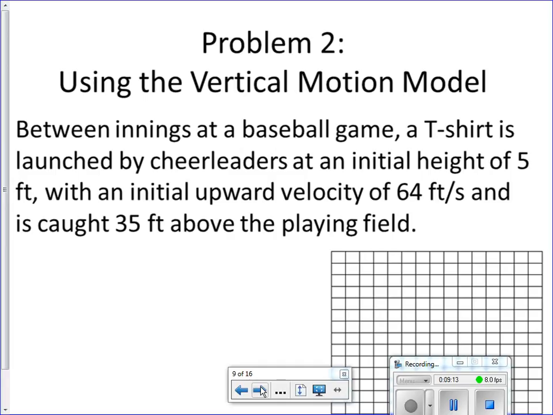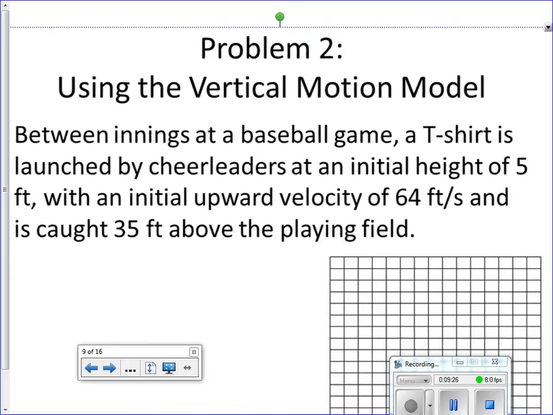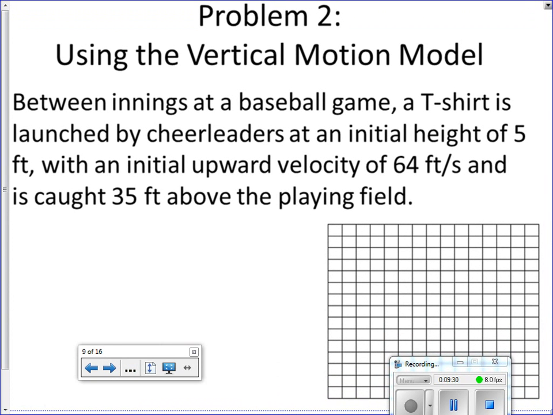All right, so in problem 2, we're going to use the vertical motion model. And let me see if I can extend my screen. Let me move that up a little bit so we can get our graph.